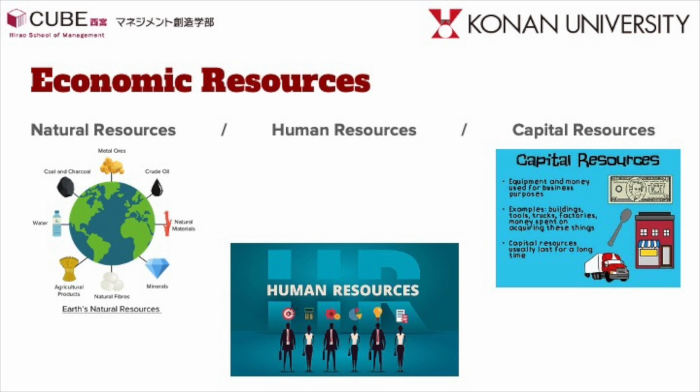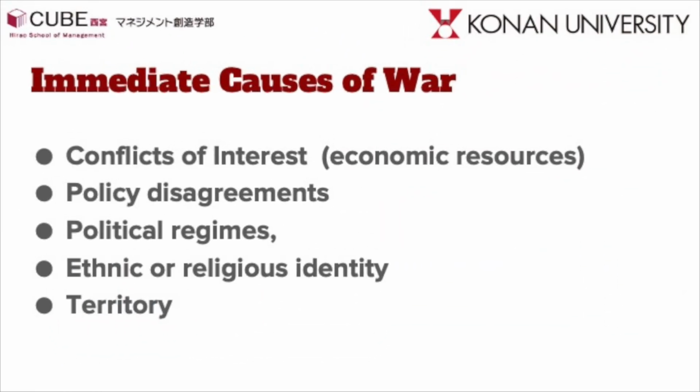One example is Iraq's invasion of Kuwait in 1990. In terms of political disagreements, nations' differing policies can lead to military disputes. For example, Israel launched airstrikes against a suspected nuclear site in Syria in 2007, preventing what it saw as a potential nuclear threat. So this was a policy disagreement.